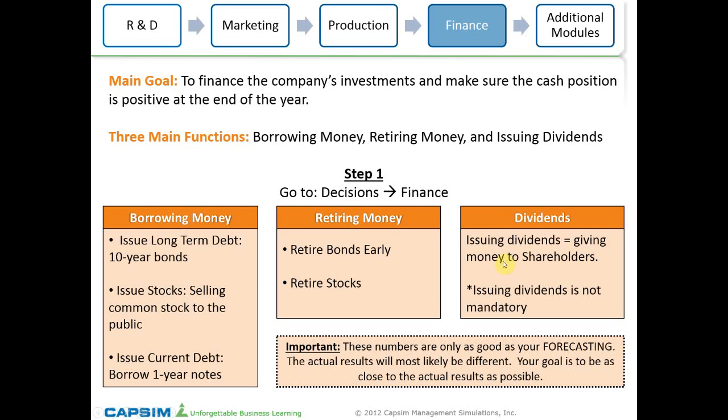I can issue dividends. Early in the game, that might have a positive impact on my stock price, but that's not a big deal. I don't score that very highly. But as the game goes on, and hopefully you accumulate a lot of cash, then you have a problem, because as you accumulate cash, that's an asset. The accounting equation is assets equals liabilities plus owner's equity, meaning that if you get rid of cash, either your liabilities have to go down or your owner's equity.